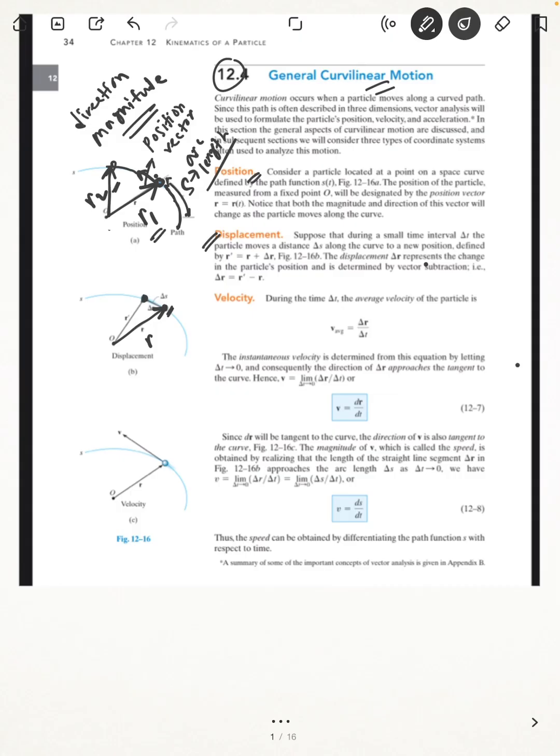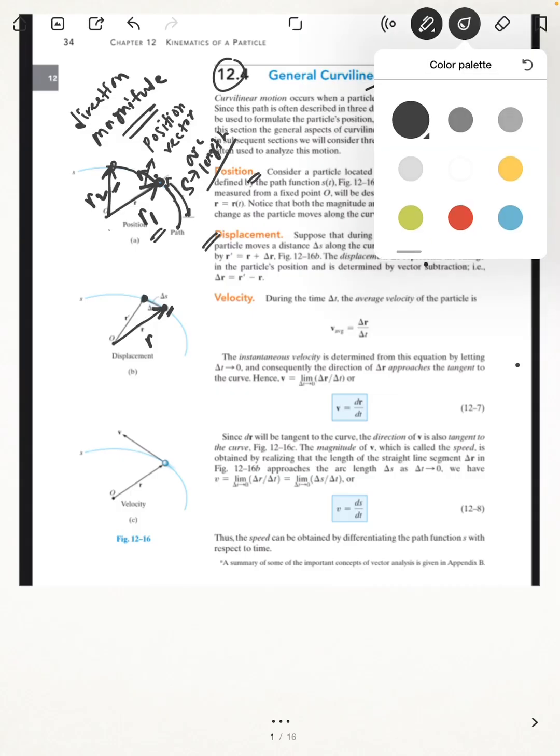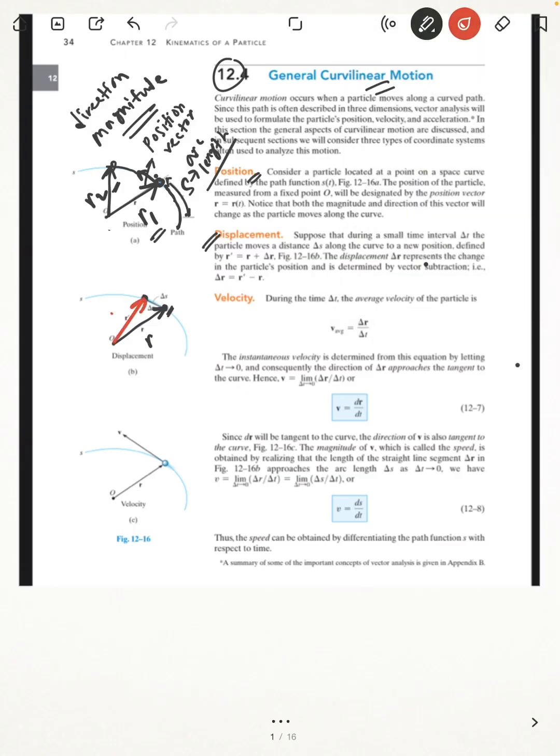Then this vector is del R, which is the displacement, the change of the position vector.